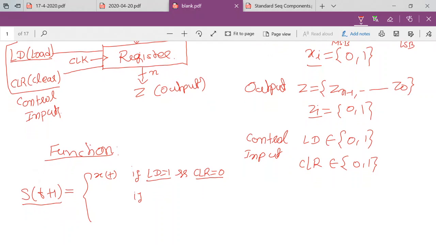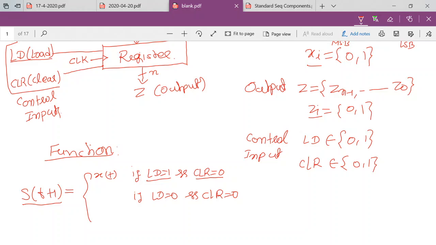Next condition, if LD equals 0 and clear equals 0, what should be here? We do not want to clear because clear equals 0. LD equals 0, what does that mean? We do not want to load the value X. Fine. So what will be the next state? What will be s(t+1)?